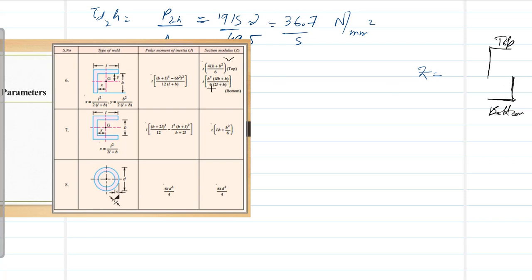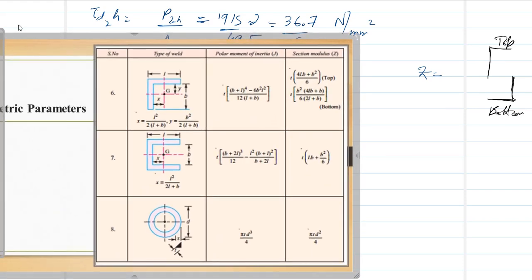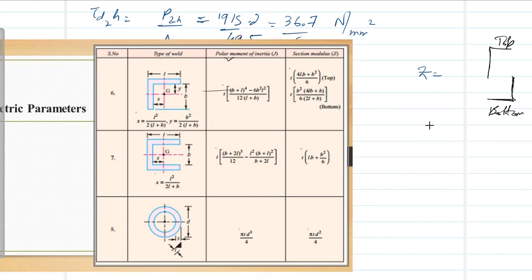So this formula is, just magnify it so we can write it, Z is equal to T into 4LB plus B square divided by 6. Okay.